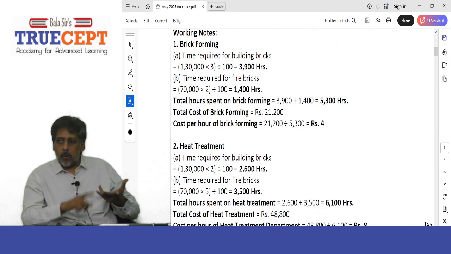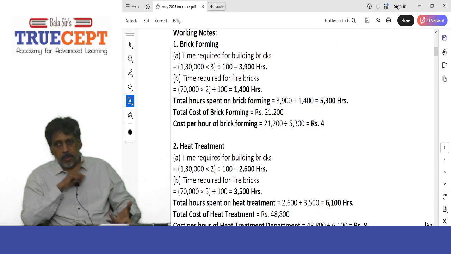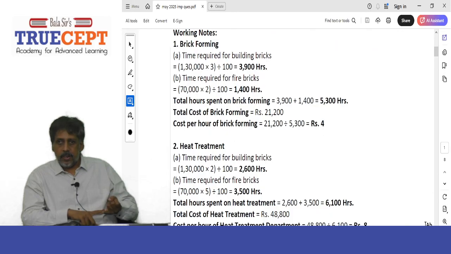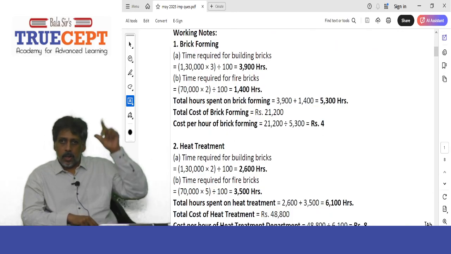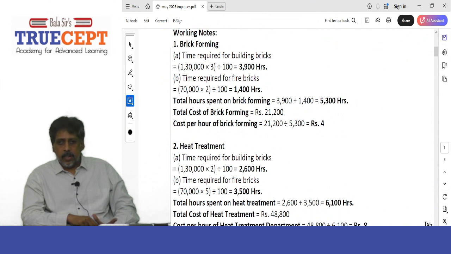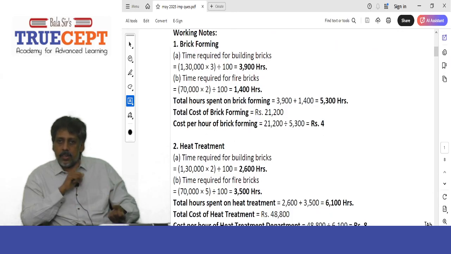Now what students did in the examination way back in the 1980s when this question appeared, the then CAs, now they'll be in their 60s, they just simply took the ratio of the hours given, 3 hours and 2 hours. Remember, that is the time needed for brick forming for the two products.